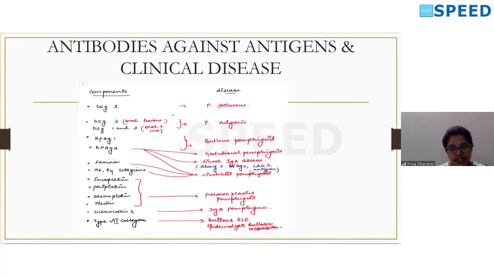Other antigens involved in this linear IgA disease is LAD1 antigen, and cicatricial pemphigoid also has antibodies to BPAG2. So the 4 conditions which involve antibodies against BPAG2 are bullous pemphigoid, gestational pemphigoid, linear IgA disease and cicatricial pemphigoid.